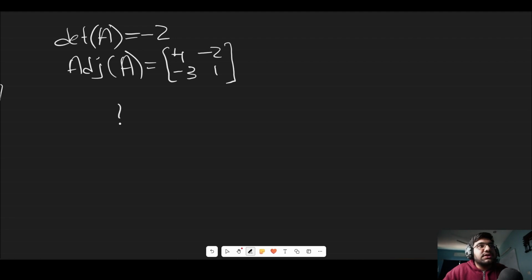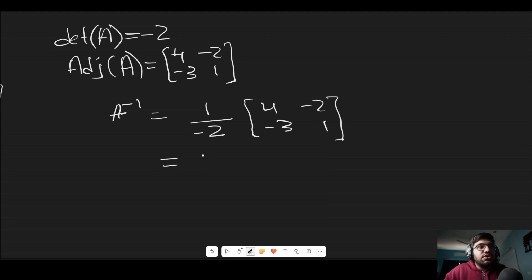So let's make it the inverse. A inverse is 1 over determinant, which is 1 over minus 2, into the adjoint matrix, which is 4, minus 2, minus 3, 1. Let's further solve this. 4 over minus 2, minus 2 over minus 2, minus 3 over minus 2 and 1 over minus 2, right?